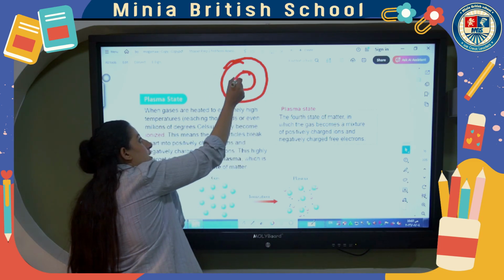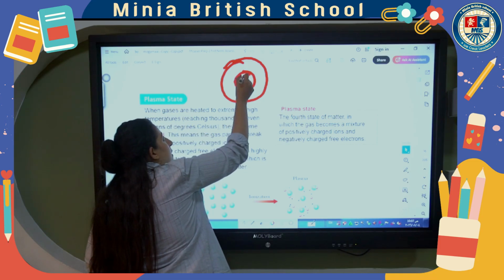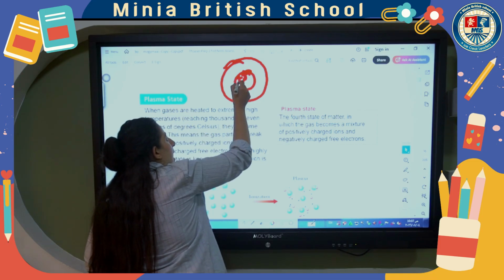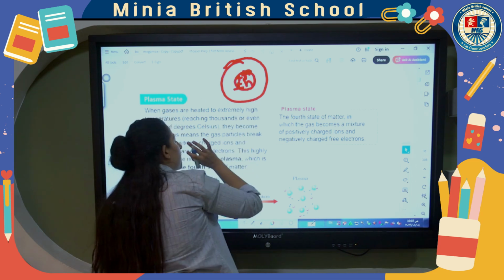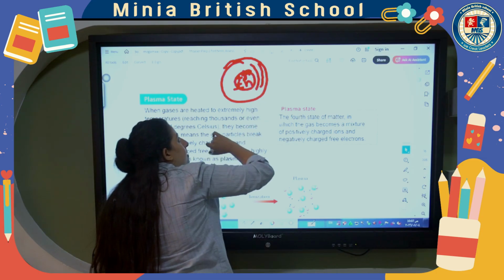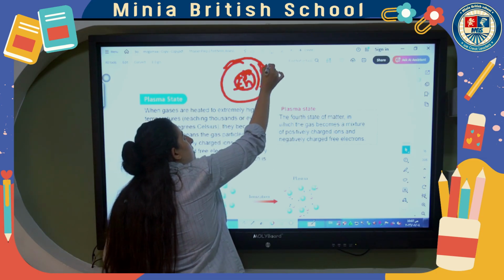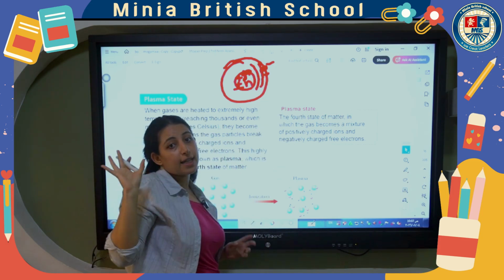In the center of the atom, there is a nucleus. This nucleus has positive protons and neutral neutrons. Do you remember this? Okay. Outside the nucleus, we have energy levels. These energy levels contain electrons, I mean negative charges of electrons.